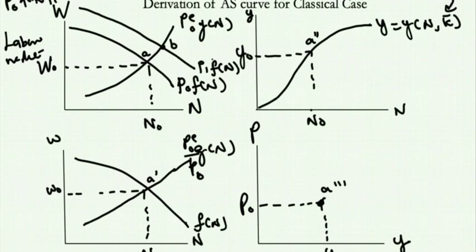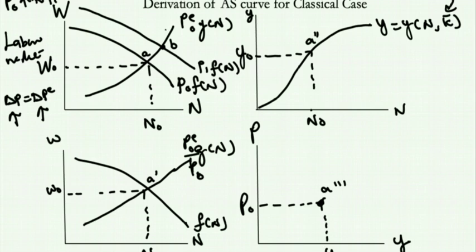Alright, after that, you have to remember the change in actual price must be equivalent to the change in PE. So when price increases, expected price also increases by the same proportion. Expected price in the first graph appears in which graph?